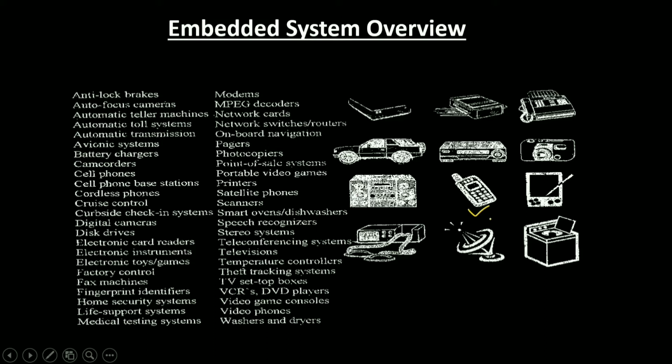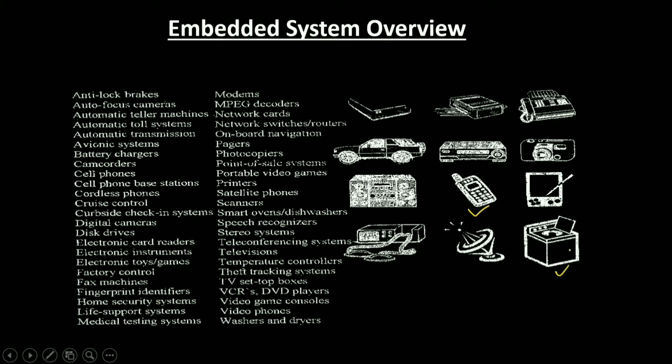Calculators and personal digital assistants. In home appliances we can also see that we have microwave ovens, answering machines, thermostats, home security, and washing machines, as you can see over here.